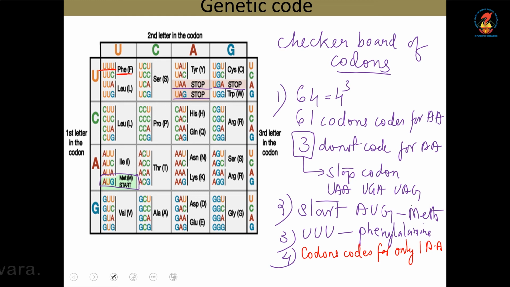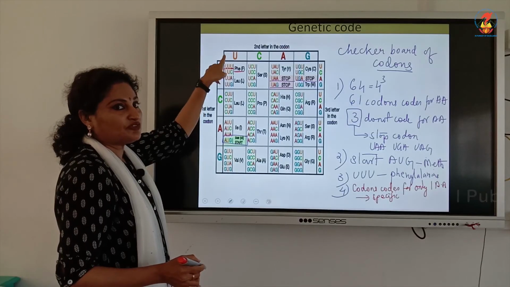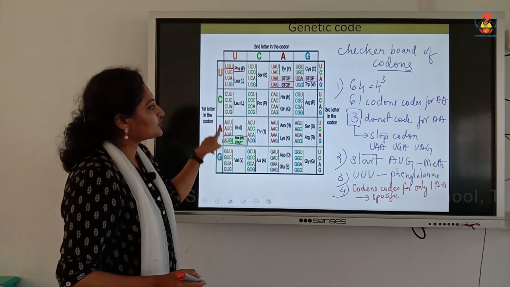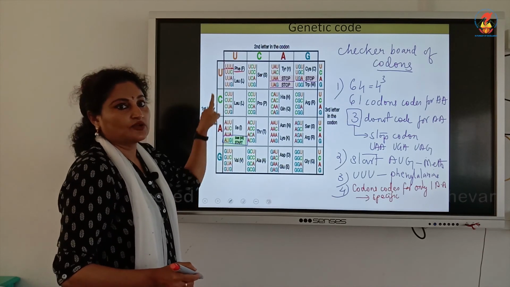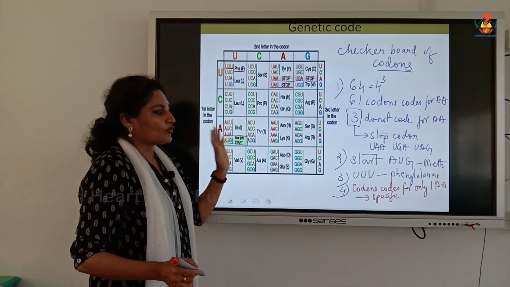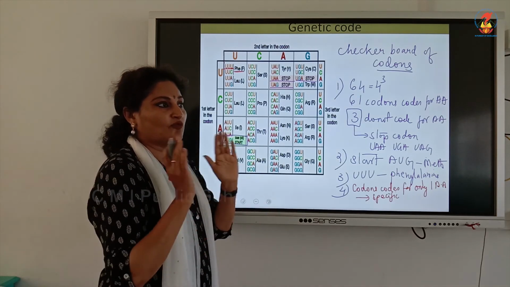This feature is called specific. So, look at the codon UUU, it codes only for the amino acid phenylalanine. Does UUU code for any other amino acid? Look at the 20 amino acids scattered here. No, you can't see UUU anywhere else. So, you can see that a codon codes only for one amino acid.